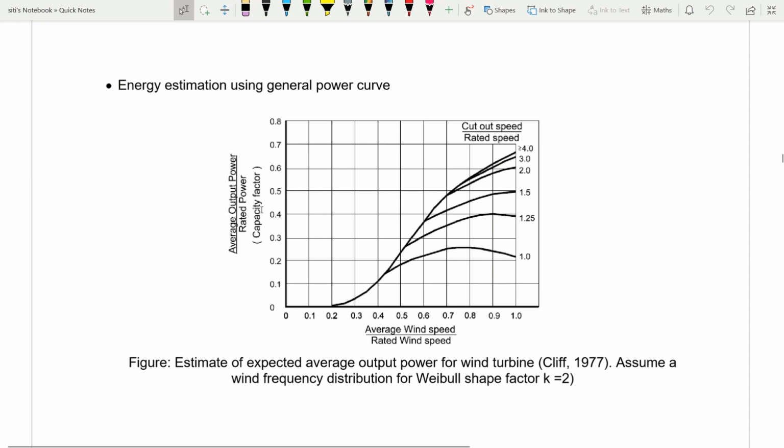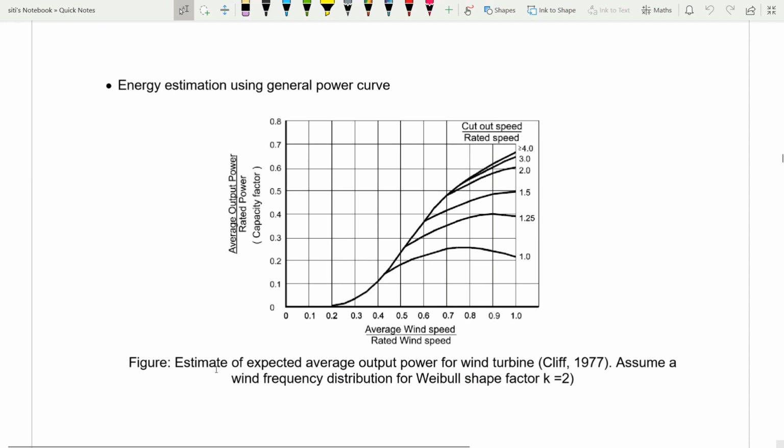So an example here is the power curve. In this power curve, we have capacity factor, which is average output power divided by rated power, from 0 to 0.8. Here we have average wind speed divided by rated wind speed, between 0 to 1.0. And this area is the cutout speed divided by rated speed.